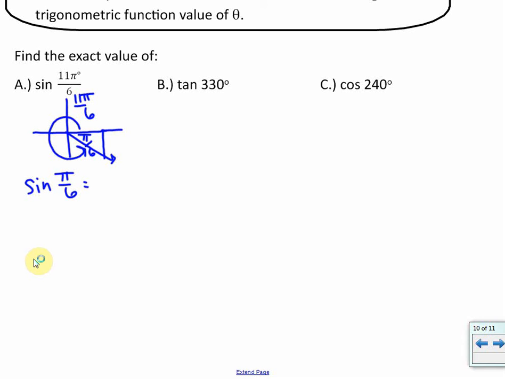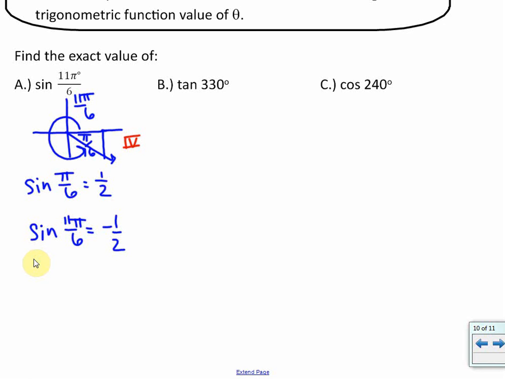Well, using my exact value chart or my unit circle, I know that the sine of pi over 6 is 1/2. But since this angle, 11 pi over 6, is in the fourth quadrant, the only trig function that's positive in the fourth quadrant is going to be cosine. So since this is sine, I know that the sine of 11 pi over 6 has to be -1/2 because it's in the fourth quadrant. It's not cosine, so that makes it negative.